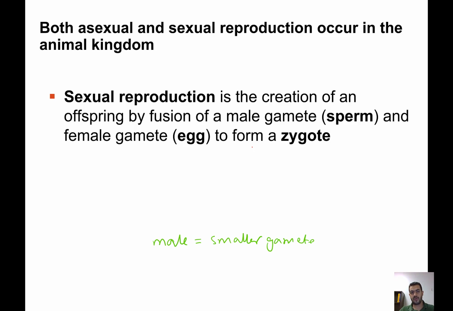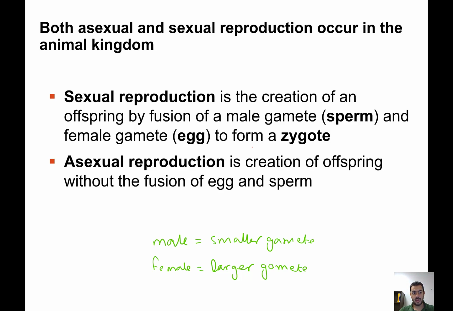Usually the male gamete is the smaller gamete, and usually it has the flagella, so it is motile, and the female is the one producing the larger gamete. So the male is the one producing the smaller gamete, and the female is the one producing the larger gamete.